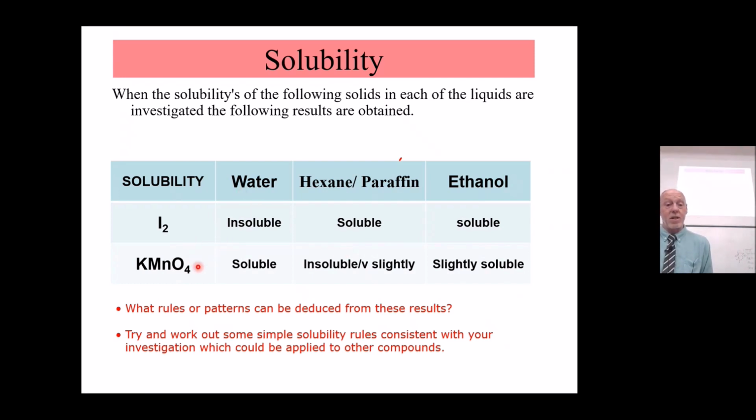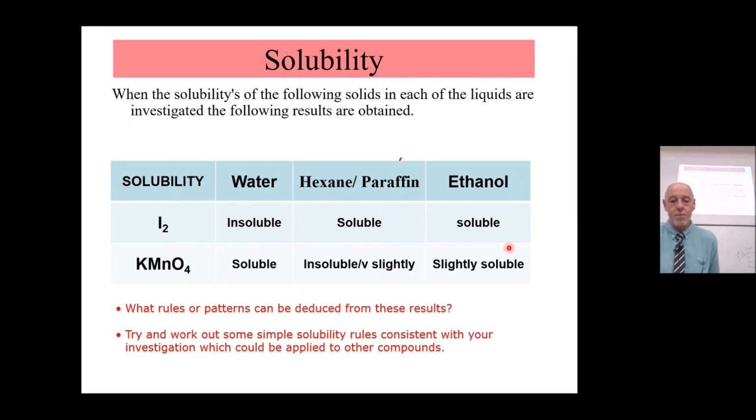Water and potassium permanganate both soluble, but in different things. Iodine insoluble in water, potassium permanganate very soluble. Iodine very soluble in hexane, potassium permanganate almost insoluble, and then they're both relatively soluble in ethanol.